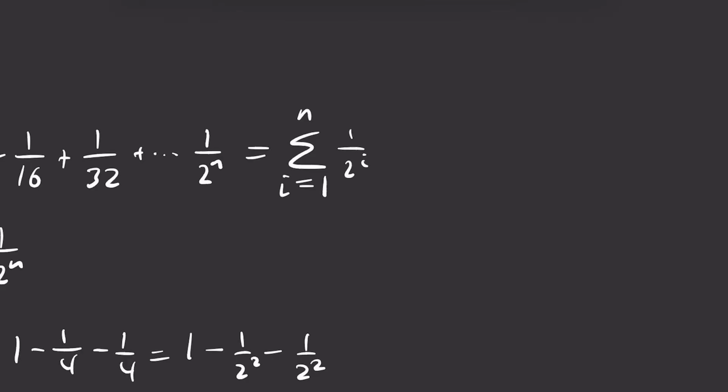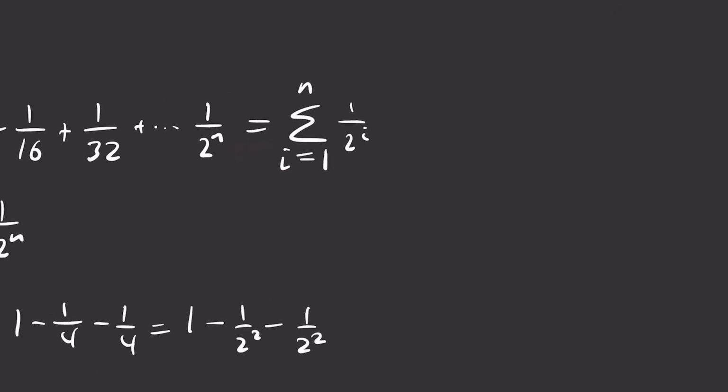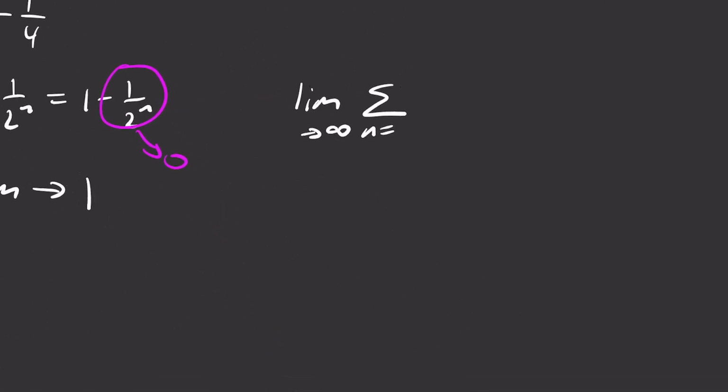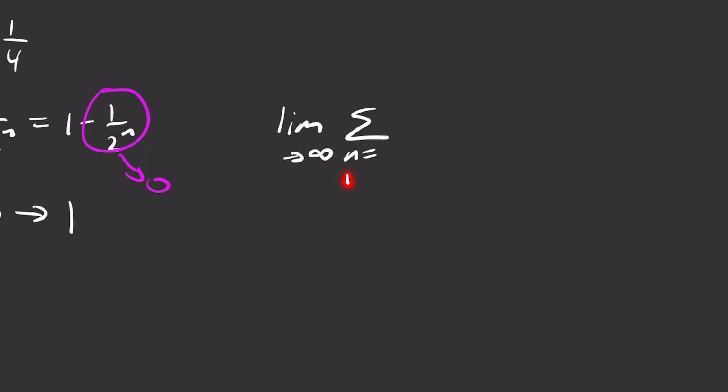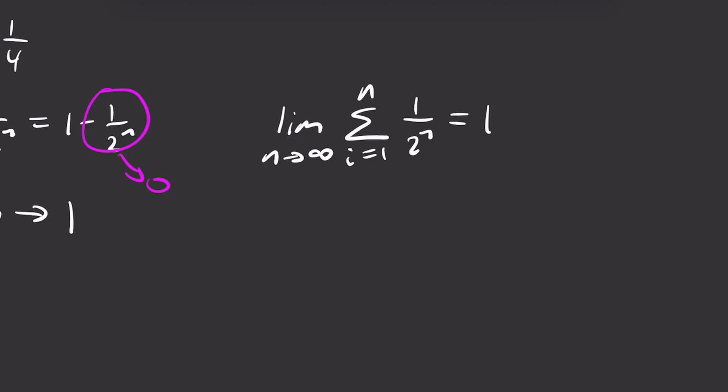So from when i equals 1 to n. But anyway, I'll write, as n approaches infinity, the sum from when i equals 1 to n of 1 over 2 to the n equals 1, right? Because 1 is that limit.